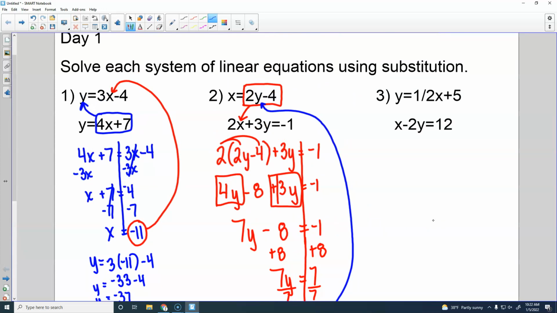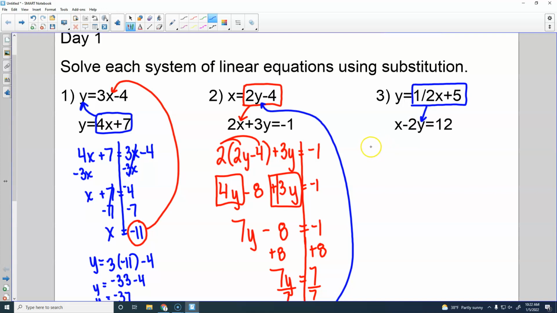For 3, we got y equals 1/2 x plus 5, and x minus 2y equals 12. So in this case, this first one is solved for y right here. So we're going to take whatever y is equal to, and we put it where the y is at in this case.